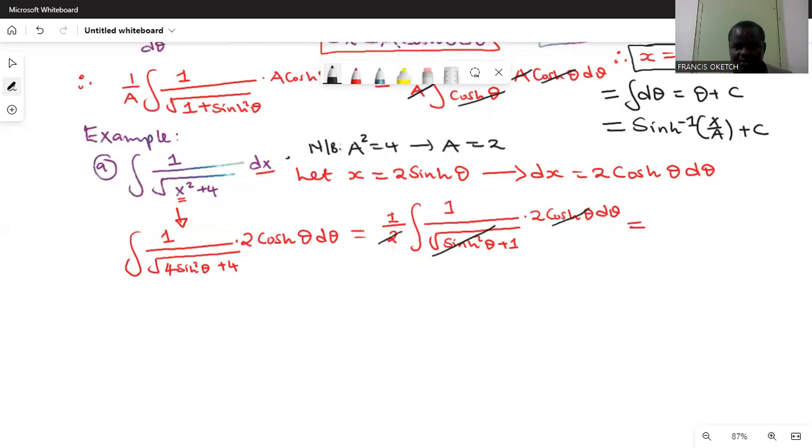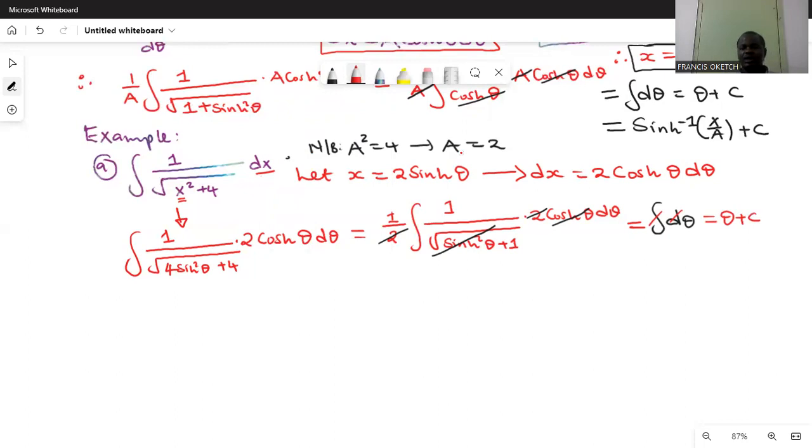And you see the 2 here will cancel with the other 2. So finally, what I remain with is the integral of 1 d theta, which I can just write as the integral of d theta. Because integral and derivative are inverses of each other, they'll cancel, so that this will give you theta plus a constant c, the constant of integration.